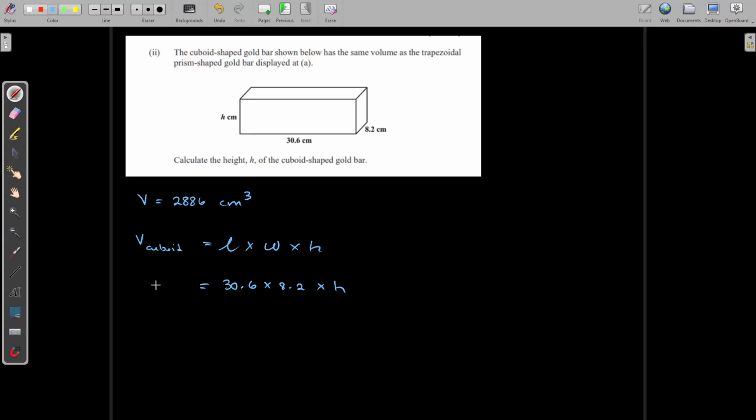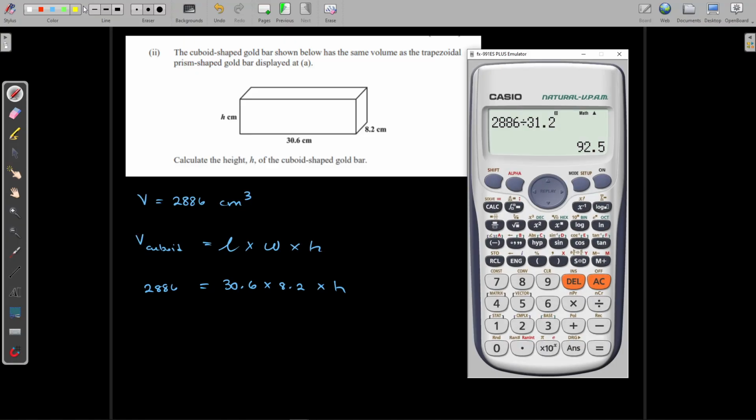So they also gave us the volume, so we can easily solve this. So 30.6 times 8.2, so that's 250.92.